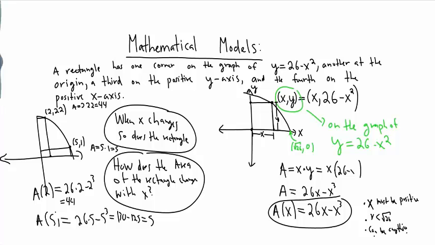It can be anything between 0 and the square root of 26, excluding the endpoints. So the domain here, the logical domain, the relevant domain, is the open interval 0 to the square root of 26.